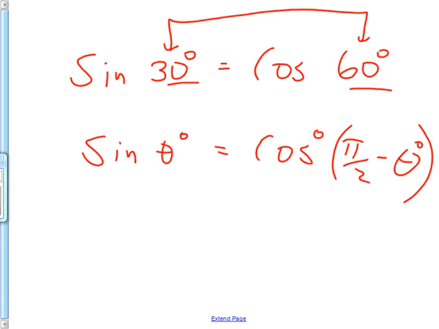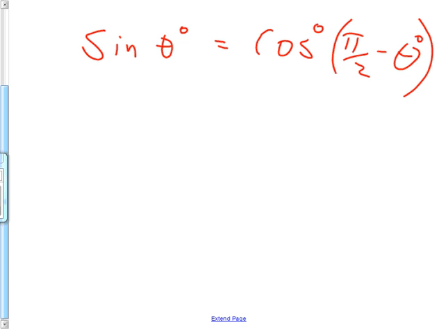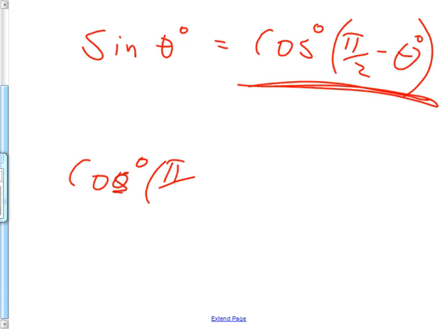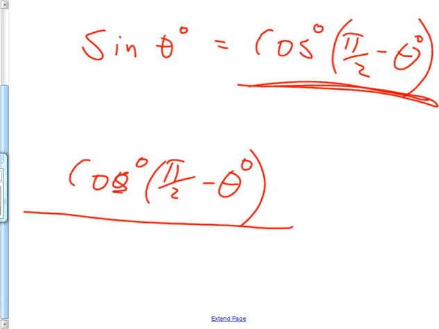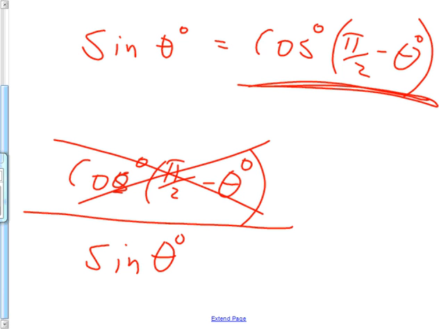So what happens if you run across this in the middle of some other problem? Like, for instance, it says cosine of pi over 2 minus theta, all over sine of theta. And that looks really complicated, but it's really easy, because the top could just be crossed off and replaced with what?